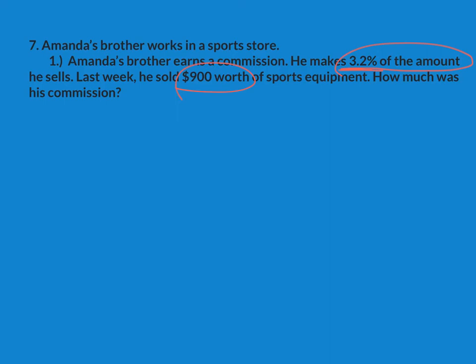So as a first step, I'm going to take that 3.2%, change it into a decimal, which means I'm moving that decimal 2 places. So I'm going to need a placeholder here. As a decimal, that's going to be 0.032.